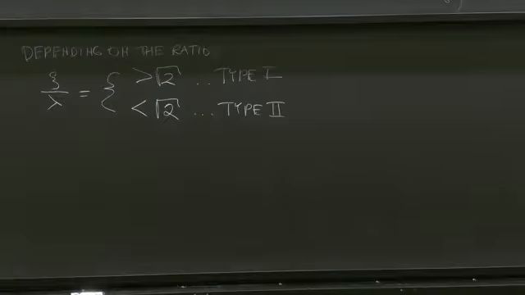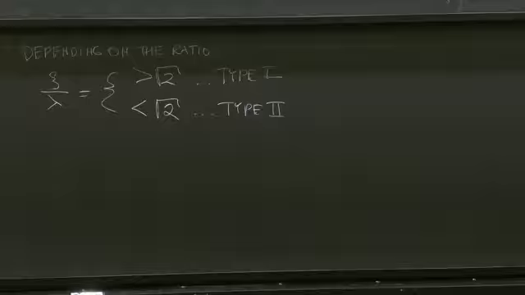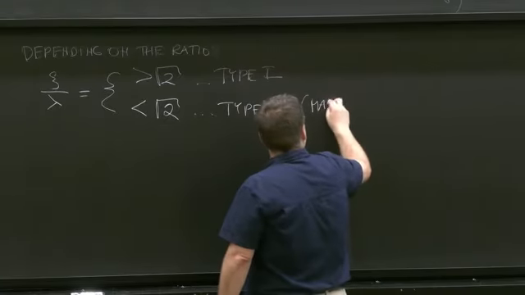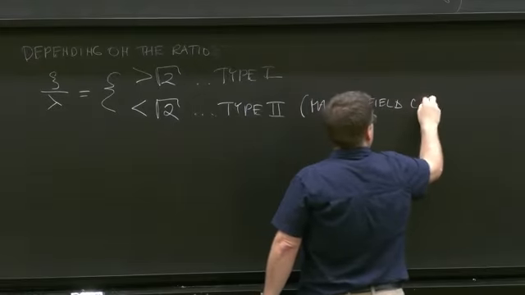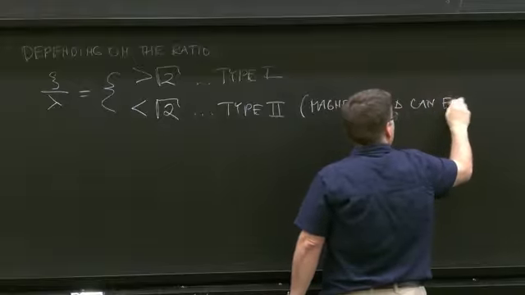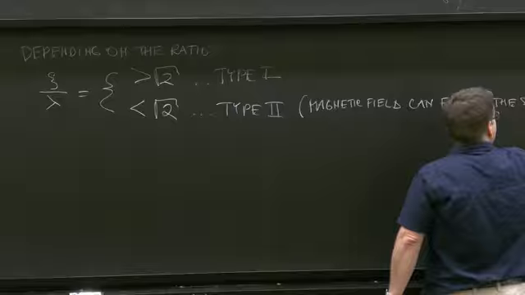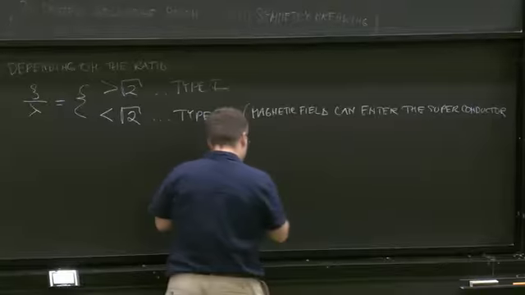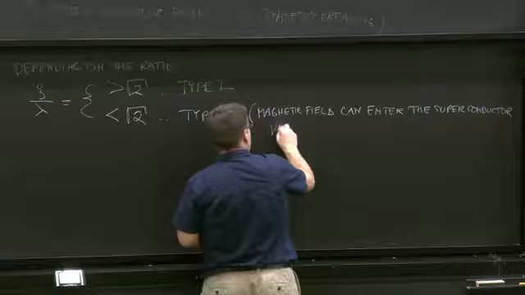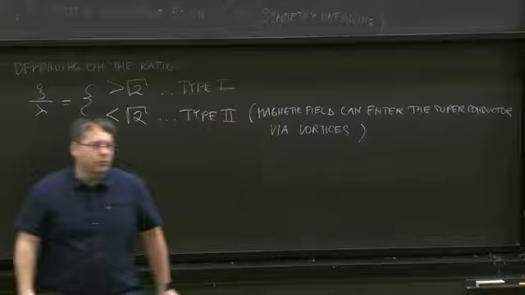So actually, for type 2 superconductors, the magnetic field can enter the superconductor. This is done via vortices without destroying the superconducting state.